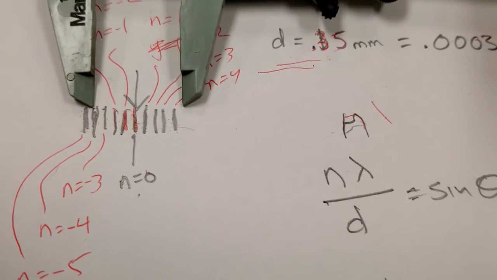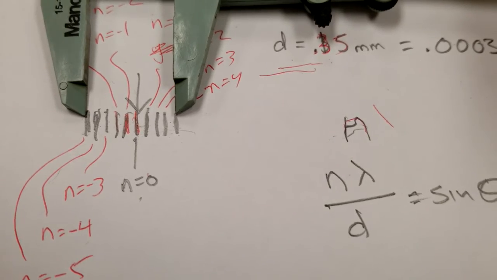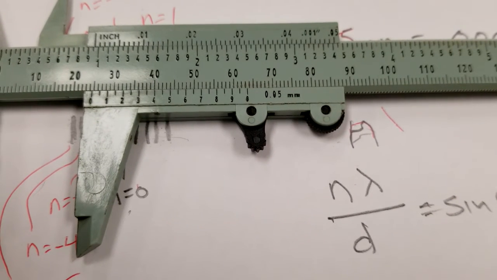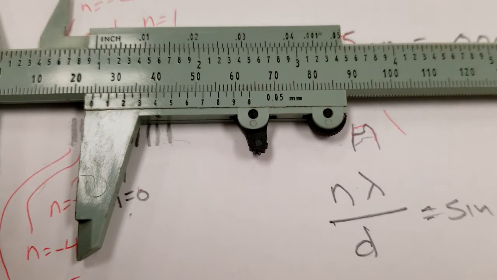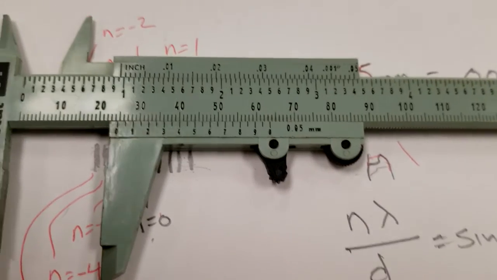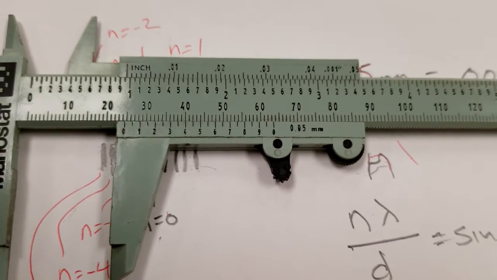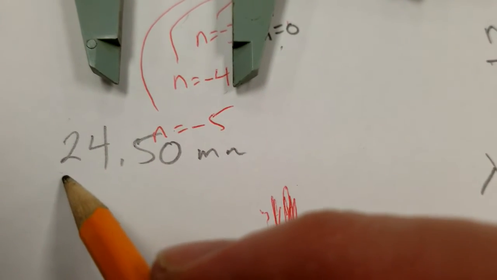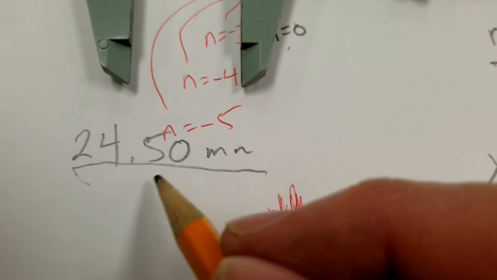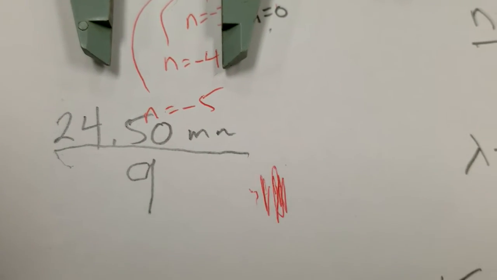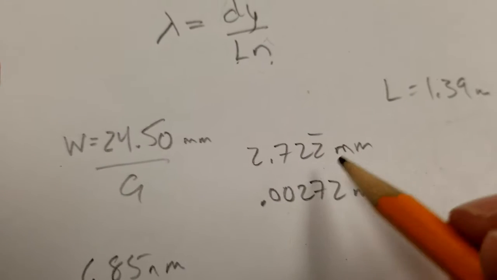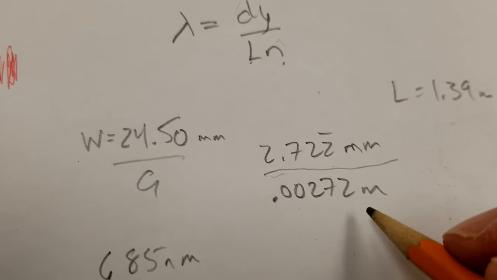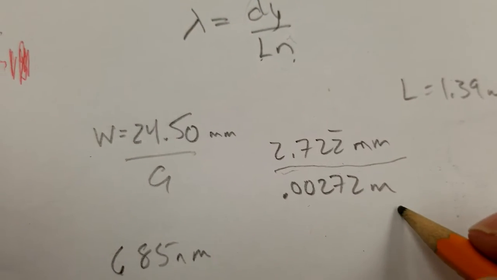Looking at the measurement, the distance between the outermost ones was 24.50 millimeters. There are 10 lines, so 9 spacings, so divide by 9. That is the distance between the bright spots, or converting into meters, 0.00272 meters.